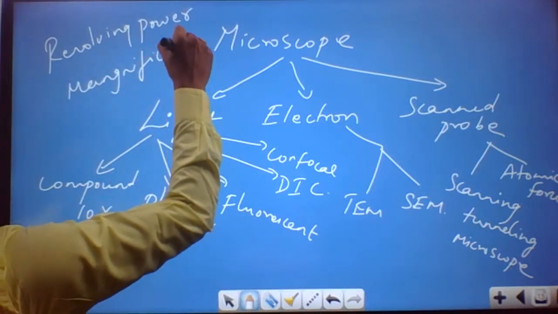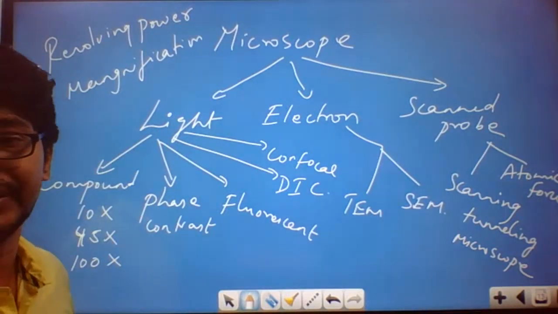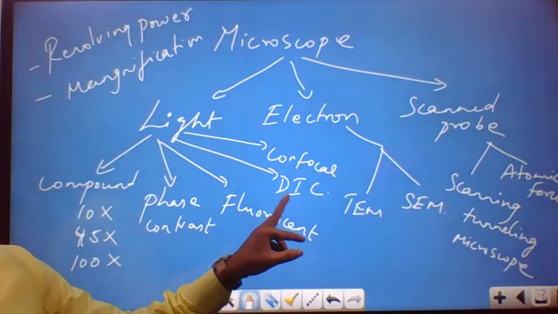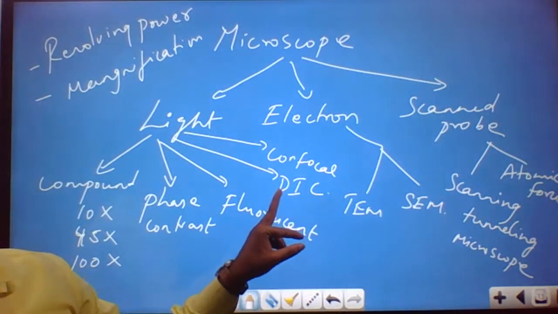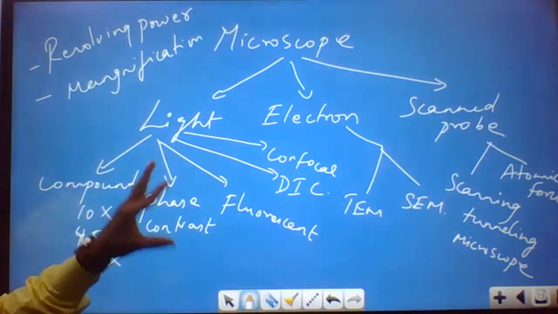They ask which among the following is the correct statement, which is the incorrect statement. DIC stands for differential interference contrast.